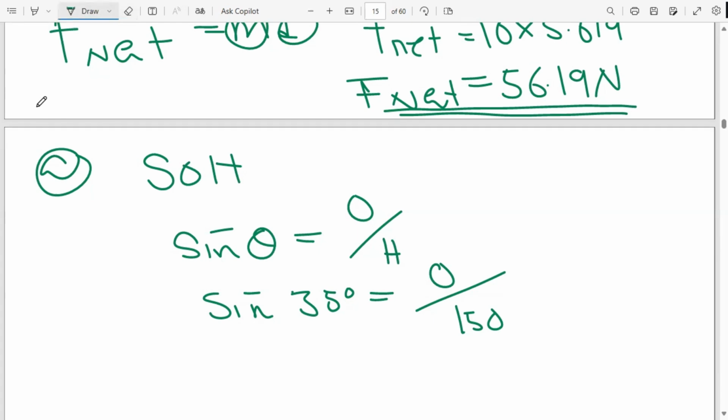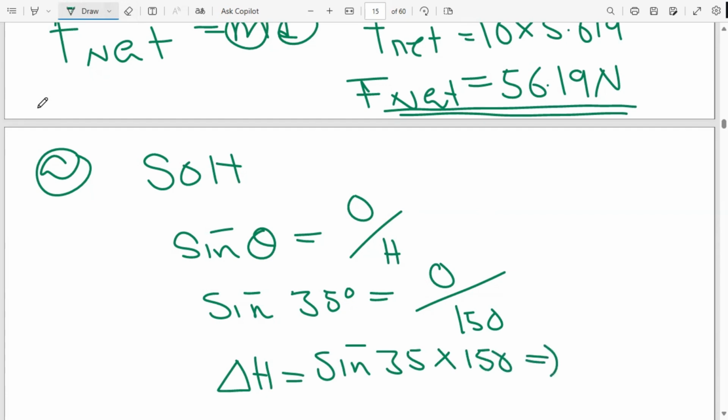That means our opposite, or vertical displacement, will be equal to sine 35 multiplied by 150, and this is going to give us a vertical displacement of 86.04 meters. And just like that, we've solved all the questions in this tutorial sheet.